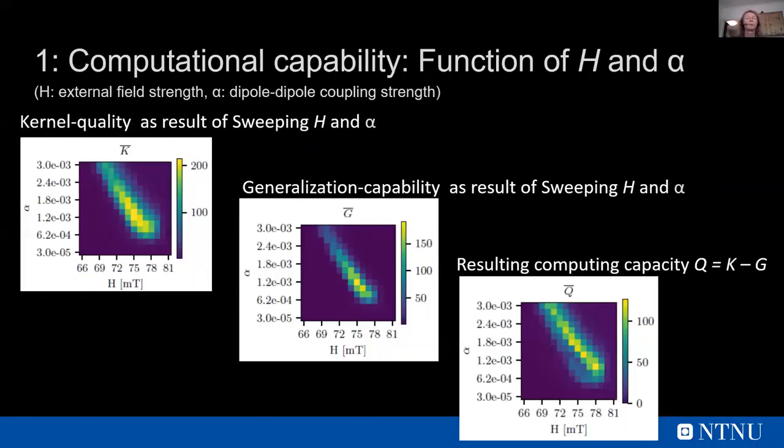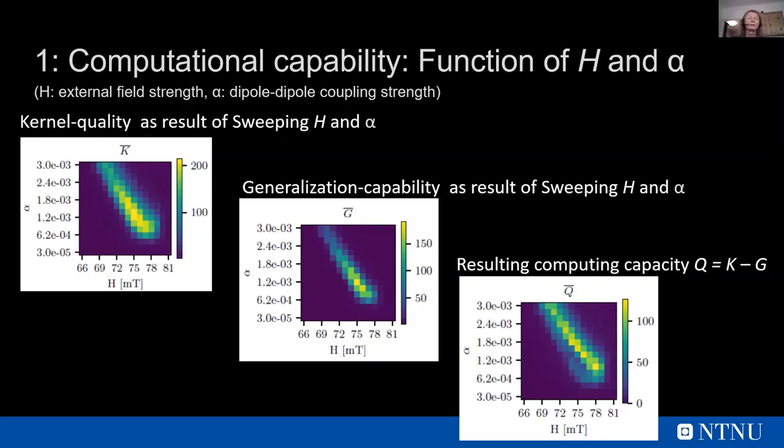In our first set of experiments, we just want to sweep the parameters to see how good these systems actually are for computing. We sweep the external field strength, how big the field is that we use to code for zeros and ones. Remember that it's an angle that actually decides if it's a 0 or 1.